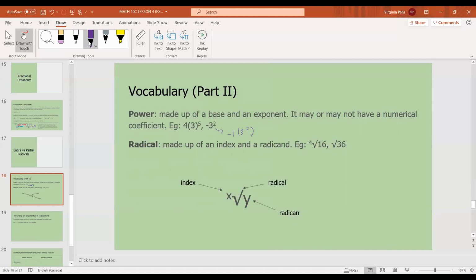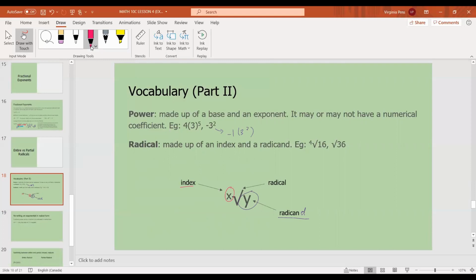And a radical is made up of an index and a radicand. Oh, typo. Yeah, I forgot a D over here, but this is the radicand, the y value. And the index is this tiny floaty thing beside the root symbol.